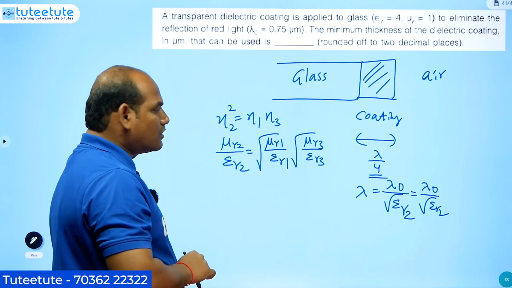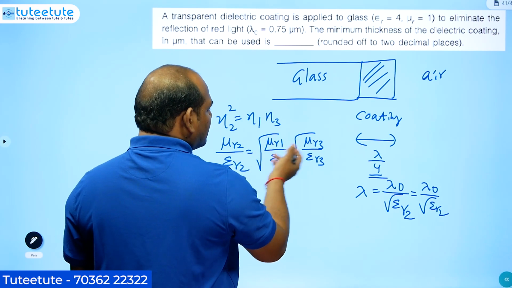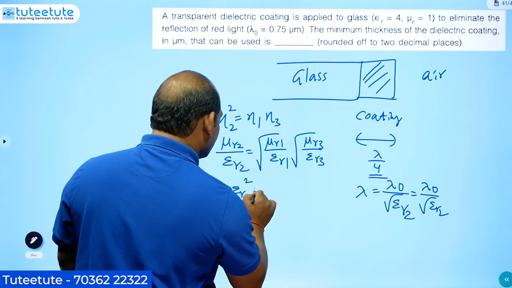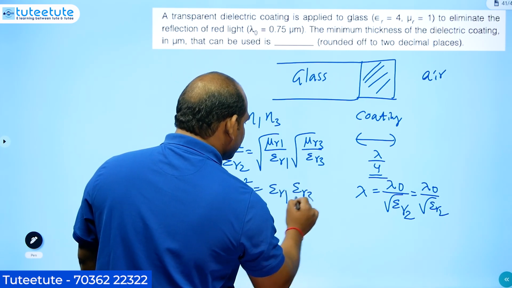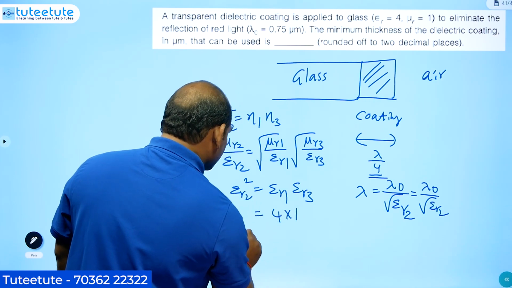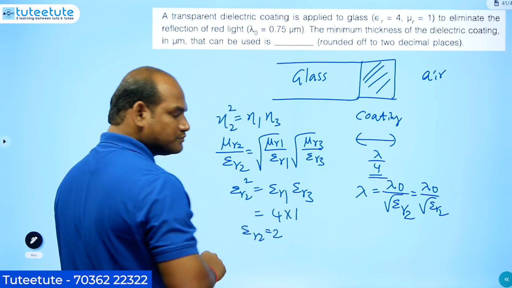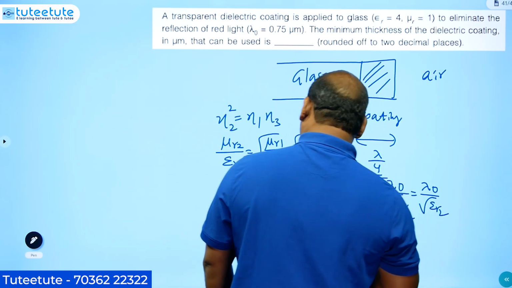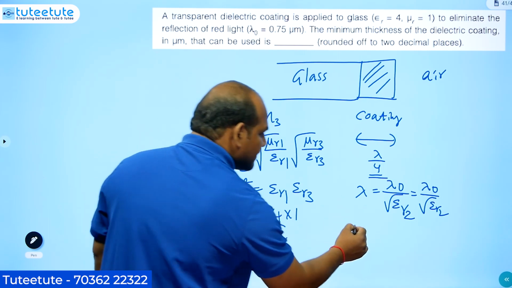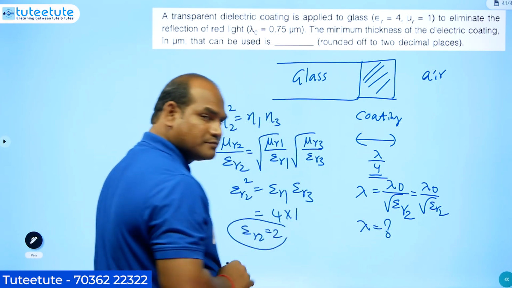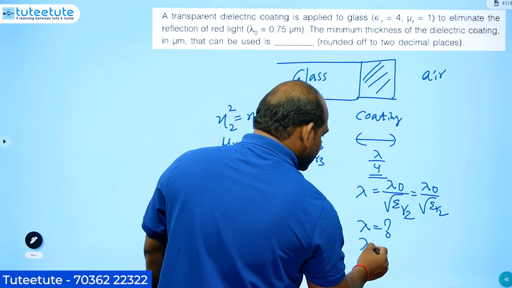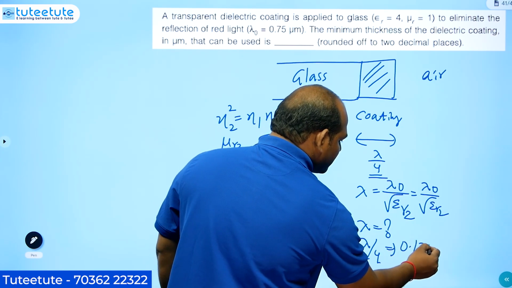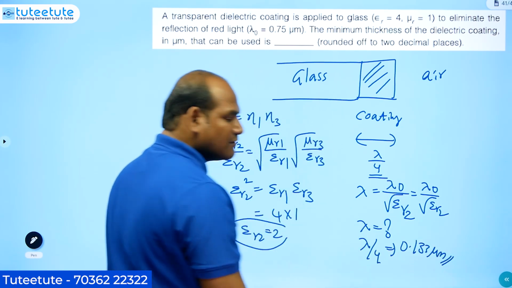In general all the permeabilities will be the same, so we can write epsilon r2 square is equal to epsilon r1 into epsilon r3. It is equal to 4 into 1, that means epsilon r2 is equal to 2. By having this epsilon r2, we can get the value of lambda. Then this lambda by 4 you have to calculate, and it will be around 0.113 micrometer. That will be the answer.